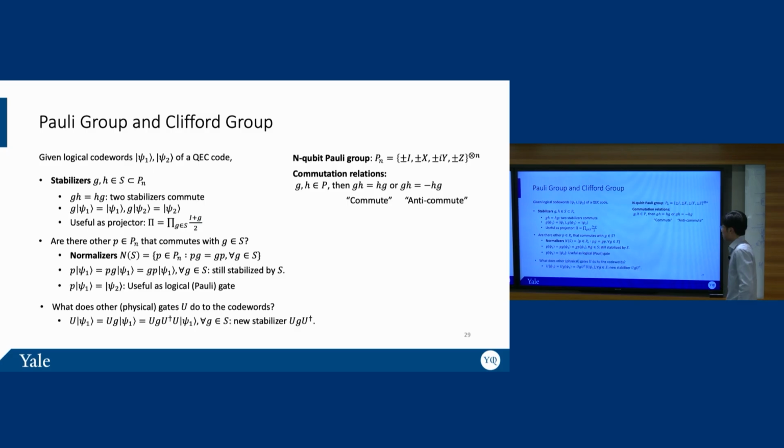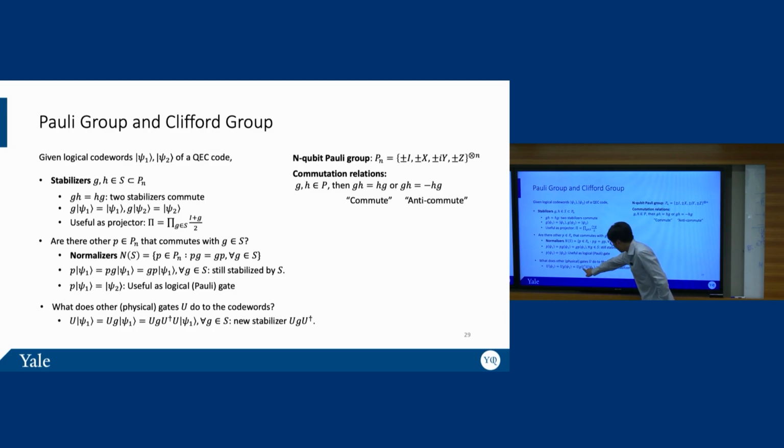Okay. There are other operations that can perform operations on the code words. For example, if you define a unitary acting on a code word state that is stabilized by G, if they do not commute with my stabilizers, they can also be used as a logical operation as long as they satisfy nice properties.